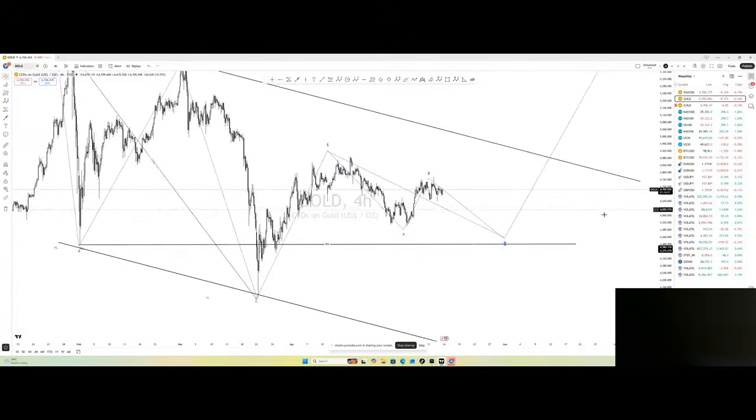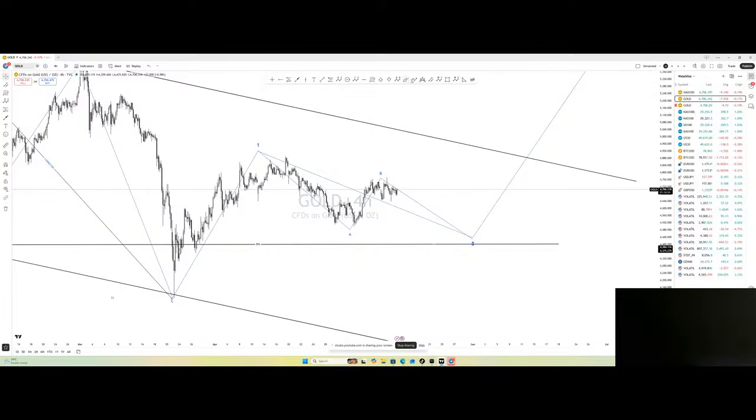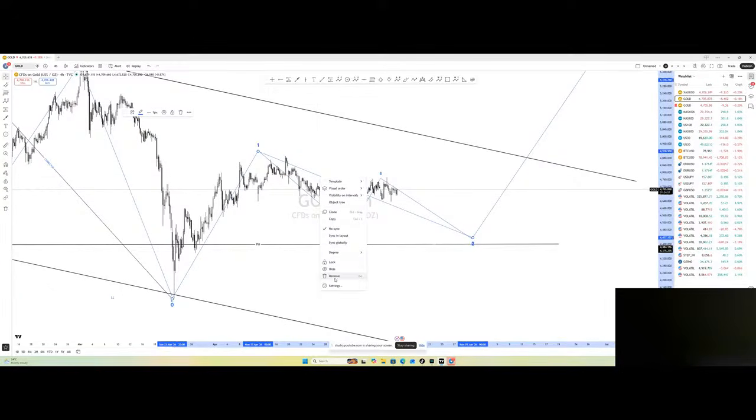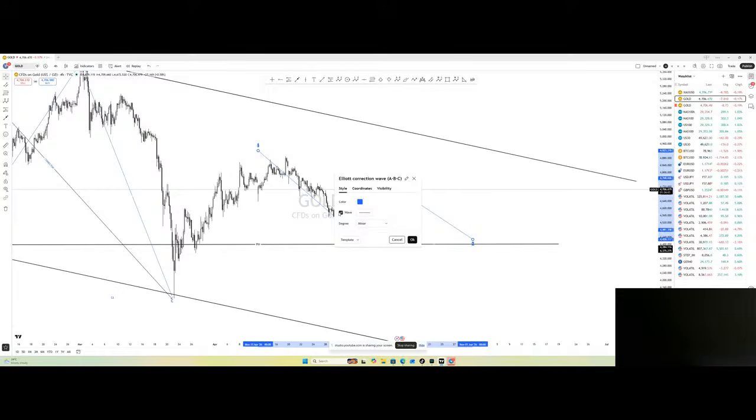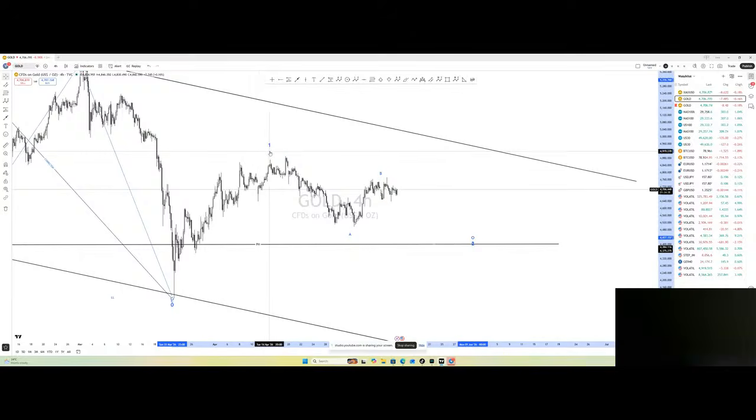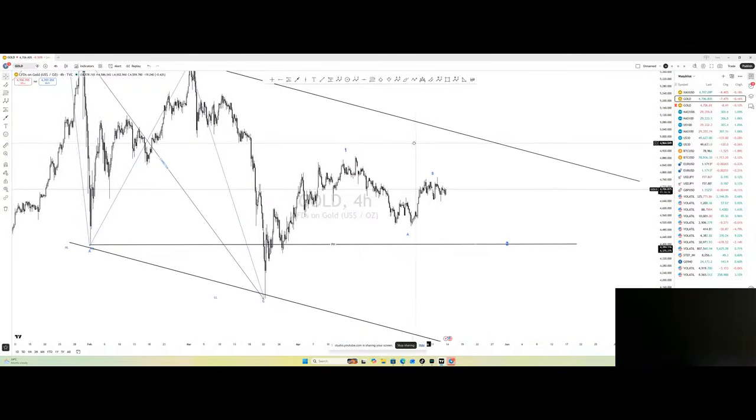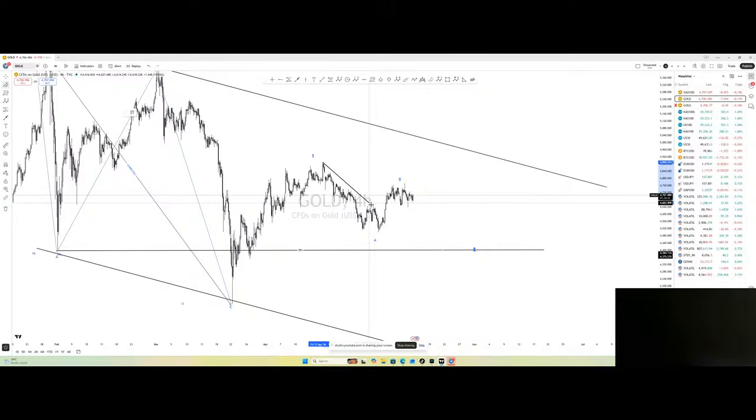In 4 hours, we've got a nice bearish trend. Let me remove the waves from this 1 and 2. Yeah, we have a bearish trend there. This is why price was selling there.